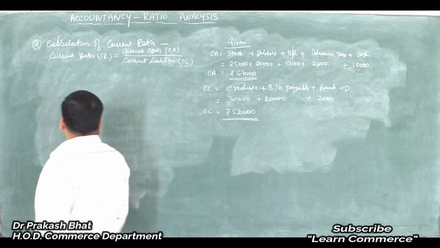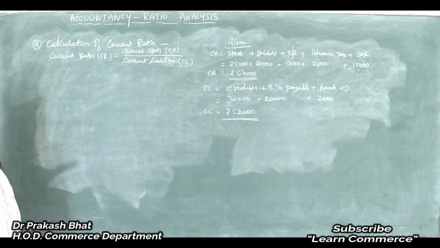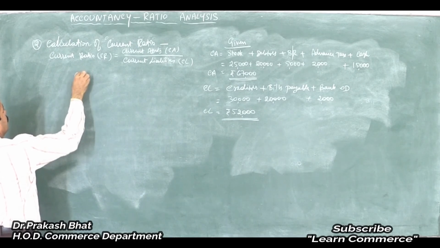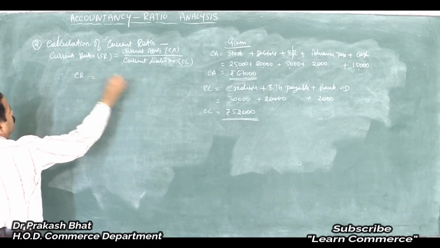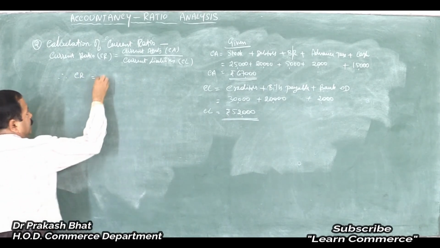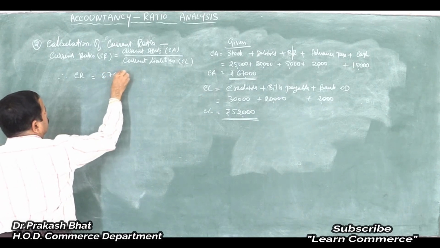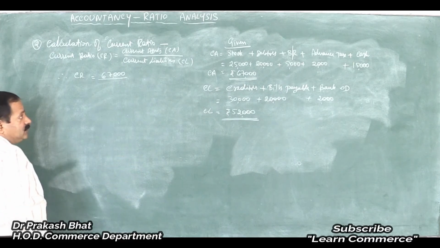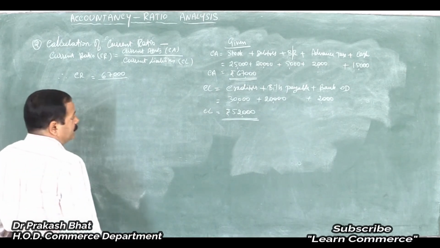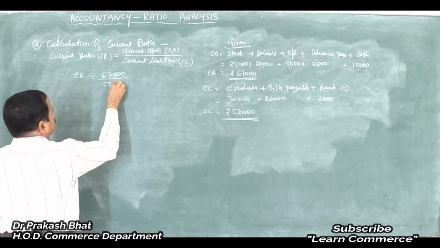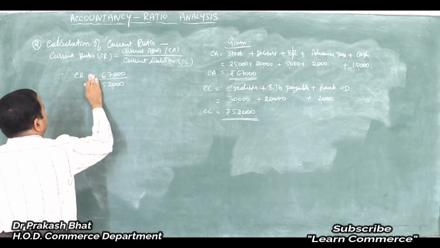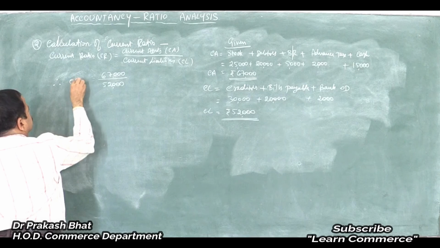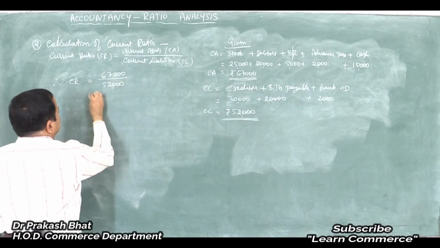Now you have the information ready. Write the substitution in the formula. Therefore, CR is equal to current assets, which we have already calculated, 67,000, divided by current liabilities 52,000.